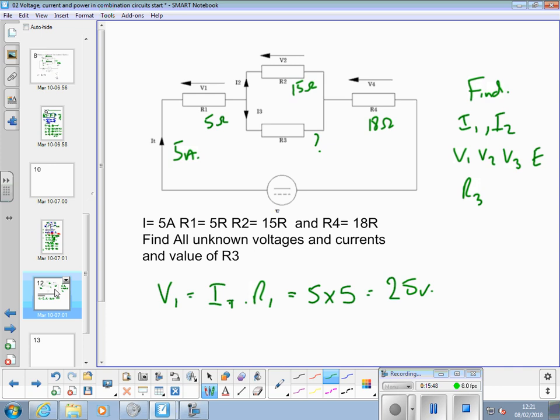Volts. Yep. The 18 times 5 is 90, aren't they? Now what can we do?